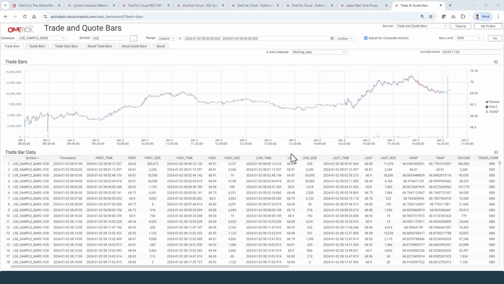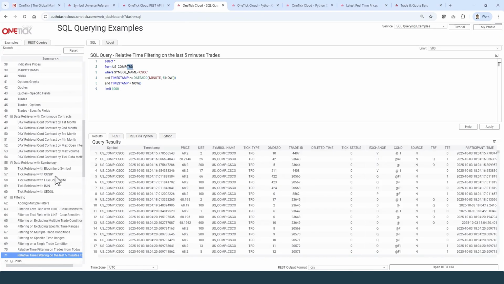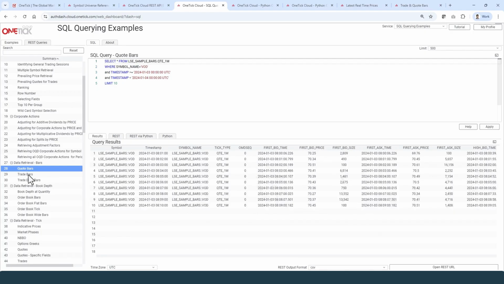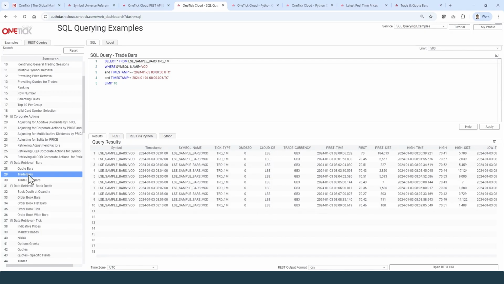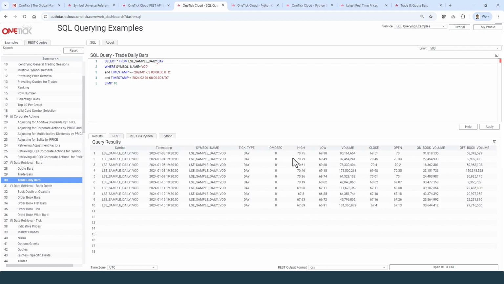And there's the daily roll-up, where we're looking at day ticks. So let's look at that in SQL. I'm either looking at the trades, or I could be looking at the quote bars, the trade bars, or kind of day records. Where I'm coming back with an OHLC and then volume split into different categorization.